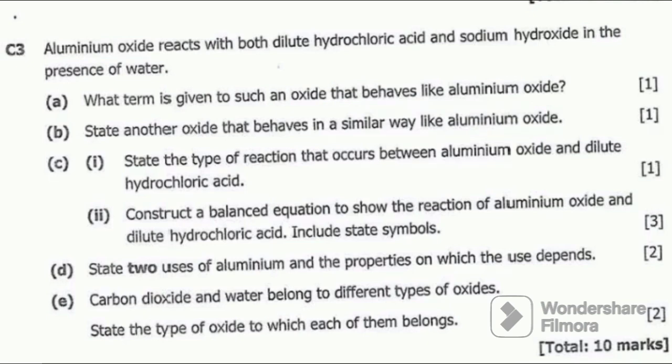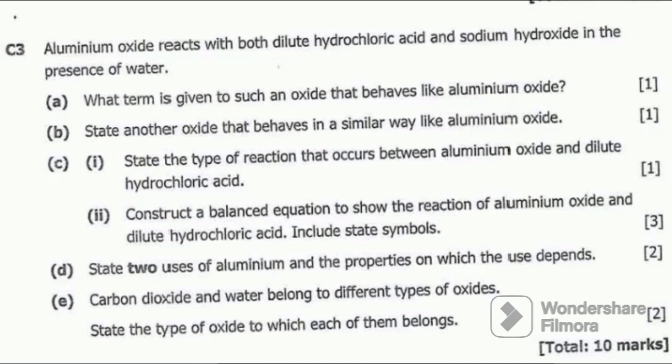The first question is asking, what term is given to such an oxide that behaves like aluminium oxide?